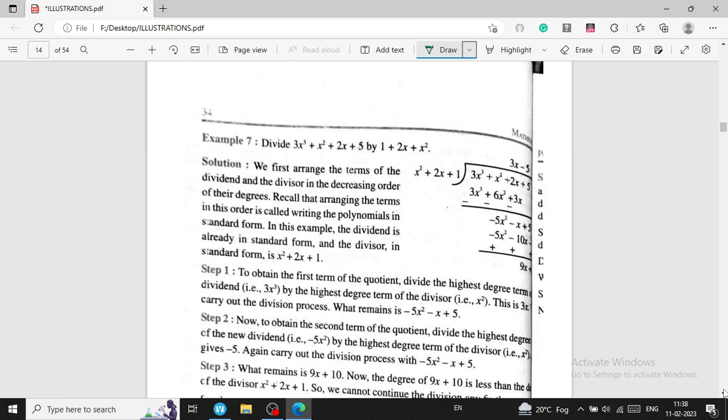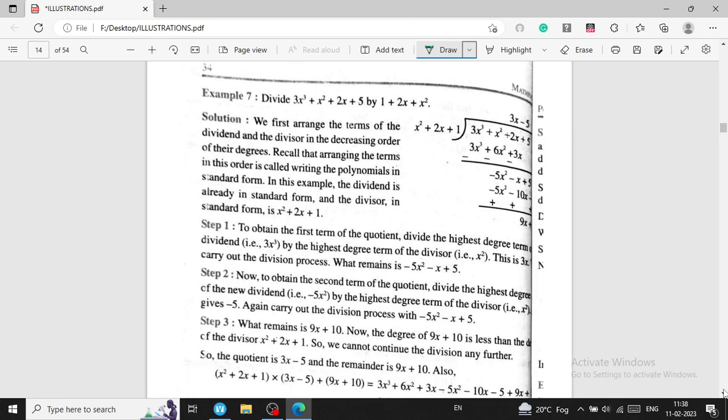This is also another question. In this question also solve this way. Here 3x raised to power 3, we have to make 3x raised to power 3. So x square multiplied by 3x, then you can get 3x cube plus 3 times 2 is 6x square, 3 times 1 is 3x.